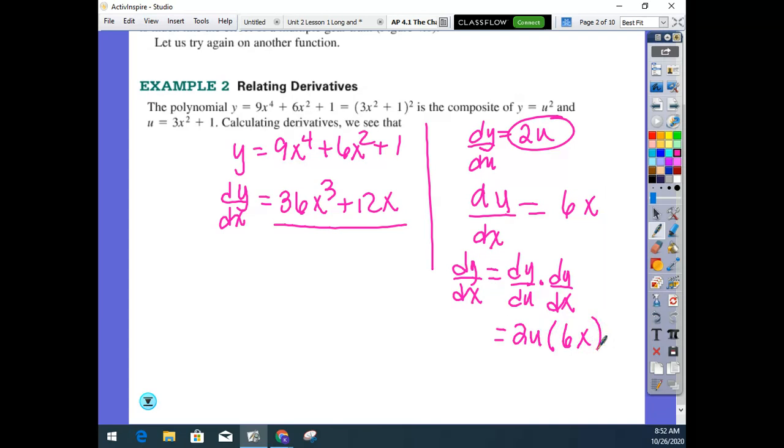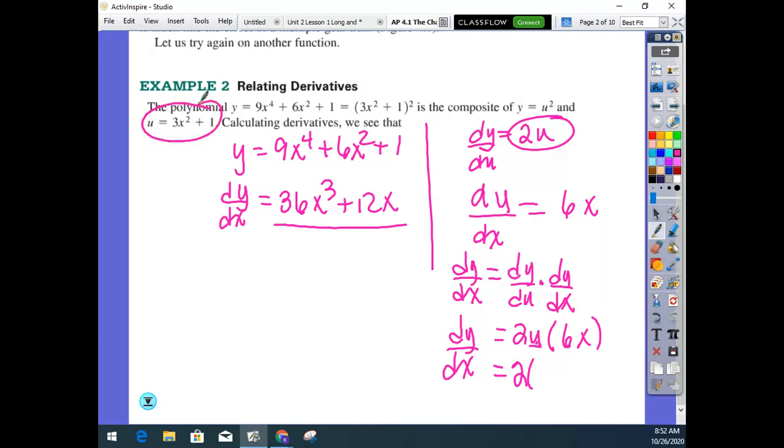But we have to be careful here. If this says dy dx, all my variables on this side have to be in terms of x. So u, I have to come back here, is 3x squared plus 1 times 6x.